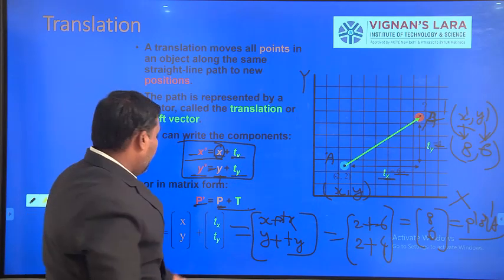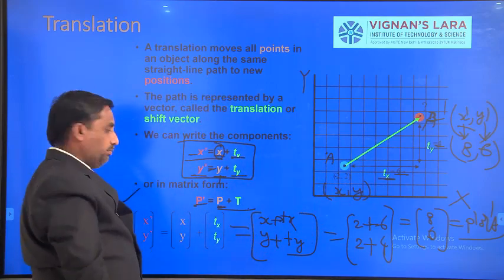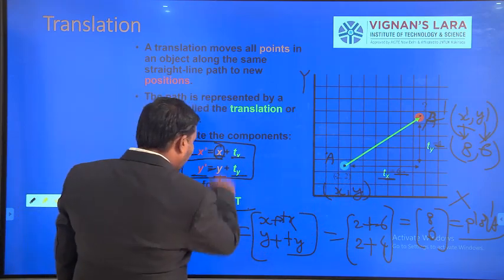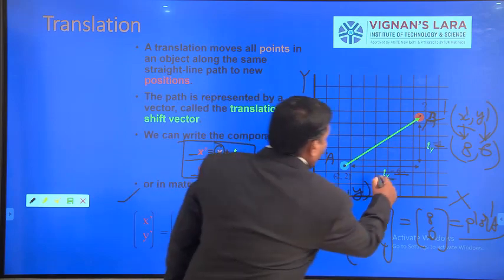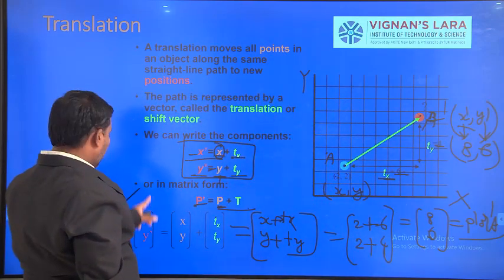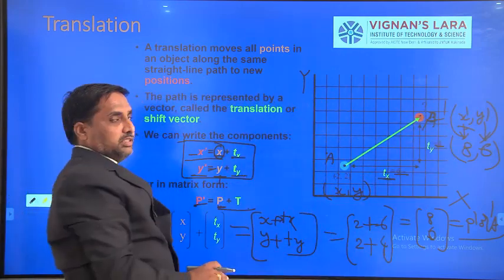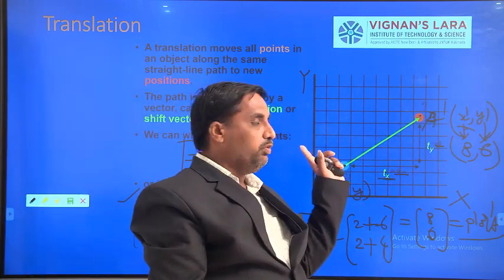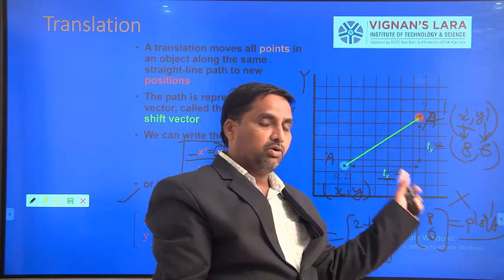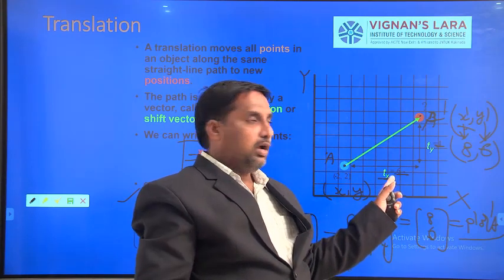That means x y is x comma y, that you have to remember. Next, tx ty in column matrix represents tx comma ty. Addition gives the sum, and x dash y dash in column matrix represents final x dash comma y dash. So in the coordinate system we will mention the x coordinate value and y coordinate value in horizontal way.